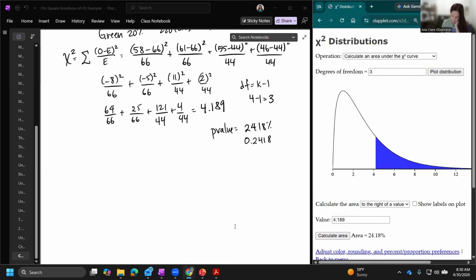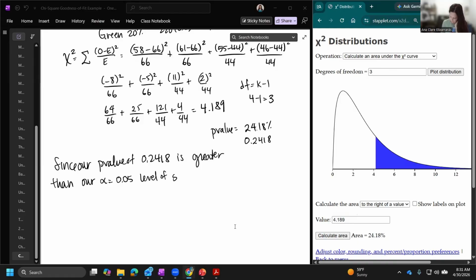So in our conclusion, we would say, since our p-value of 0.2418 is greater than our alpha equals 0.05 level of significance, we fail to reject the null.